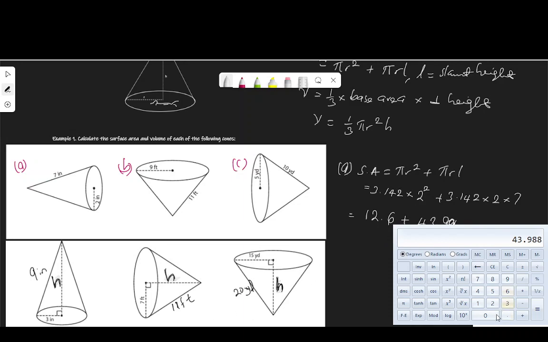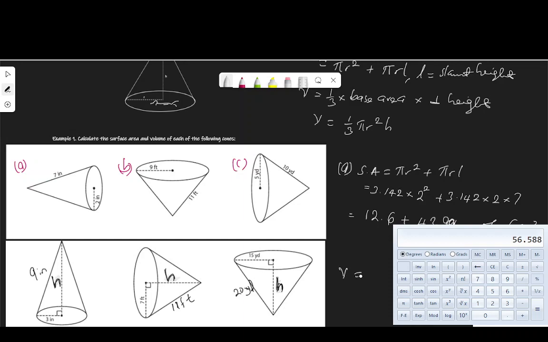So add that to 12.6. That is 56.6 approximately. 56.6 inches squared is the surface area of this cone.